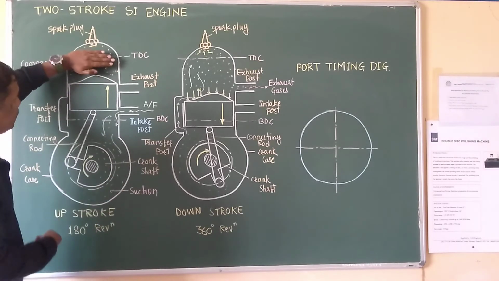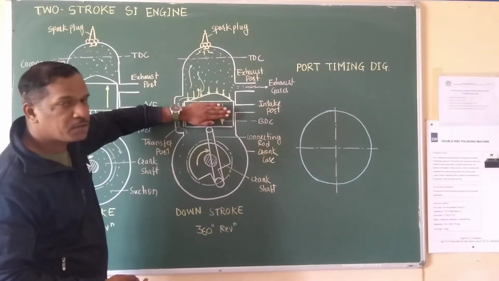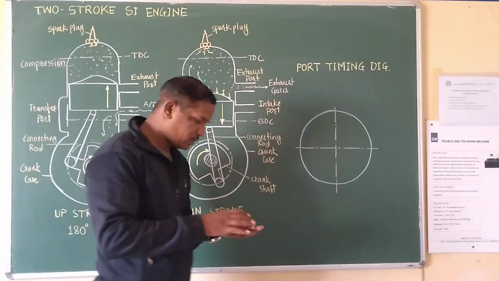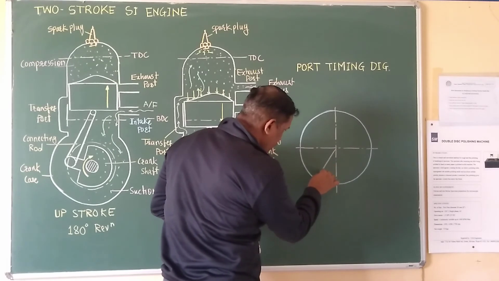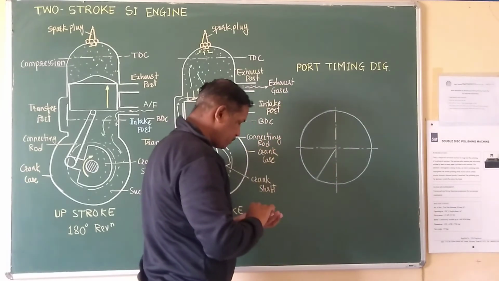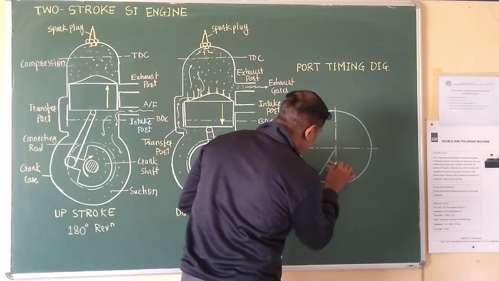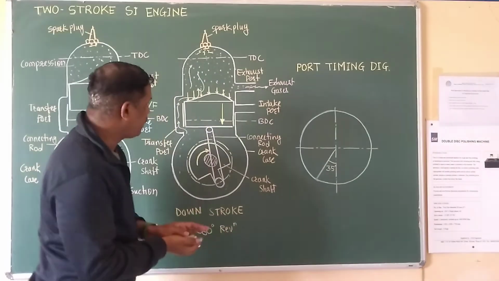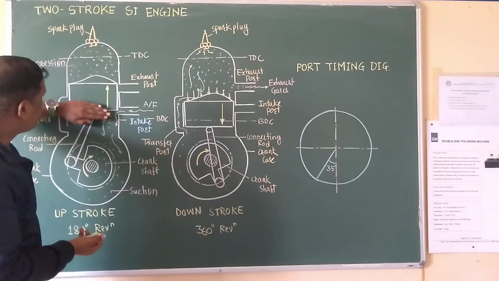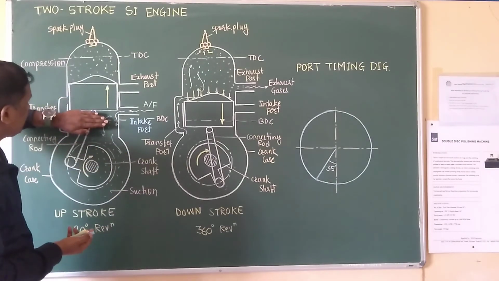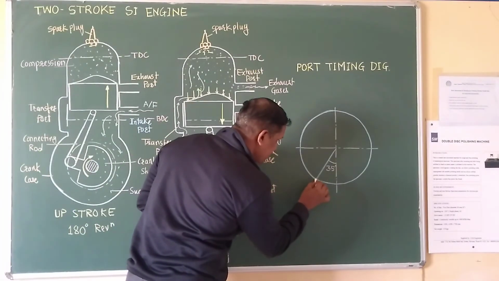Okay, so let's see how we can draw this port timing diagram. So during upstroke, when the piston starts moving from BDC to TDC, at the beginning intake port closes, transfer port closes, then exhaust port closes. That means in upstroke, in comparison of exhaust and transfer port, first the transfer port closes, then the exhaust port closes, correct?